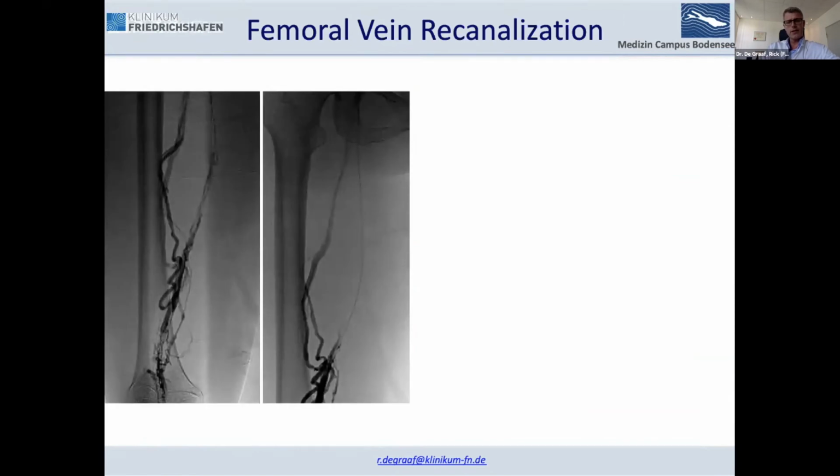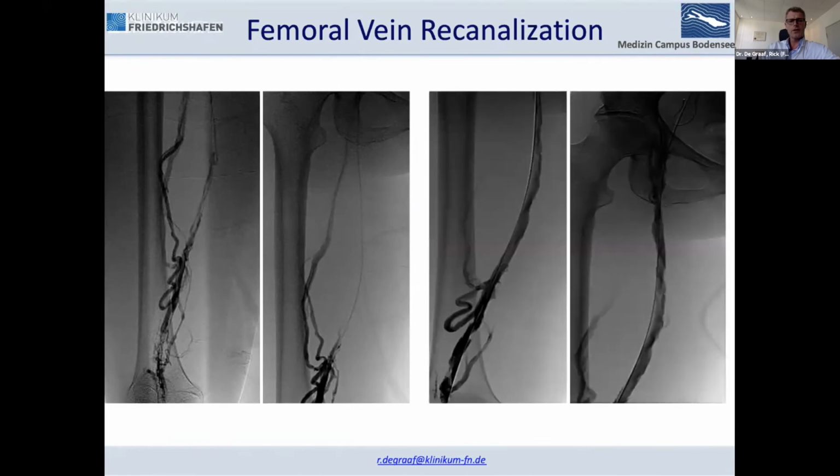So this is a completely occluded femoral vein, and what Mark Garcia is doing and what he published is a PTA, and thereafter placing the patient under echo lysis and thrombolysis.